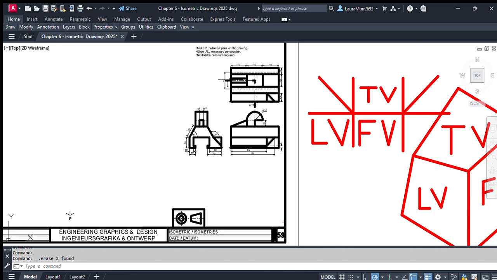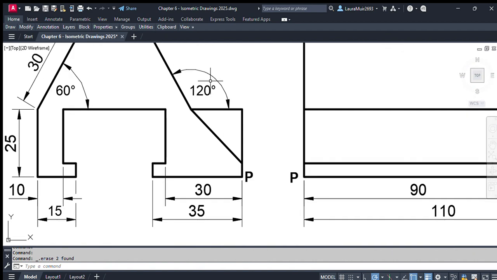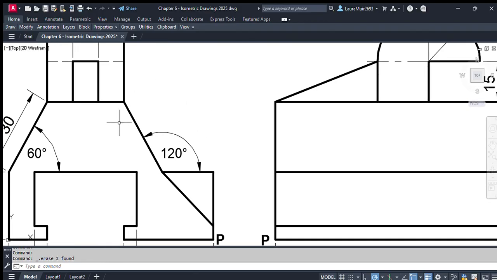There's not one specific way to do an isometric. However, there are things that you need to look out for. For example, the fact that they've shown us 2 angles.